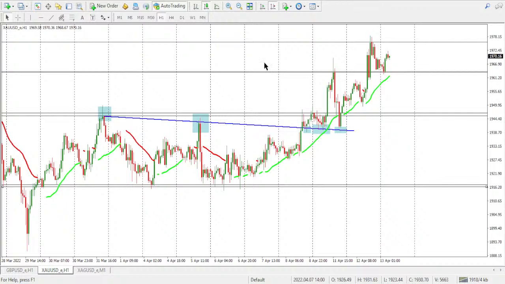So other than that, we do have some shapes. There are some minor shapes which formed in the past, like that one. Another one is that one there. We had another one there, then another one there, and another one there.